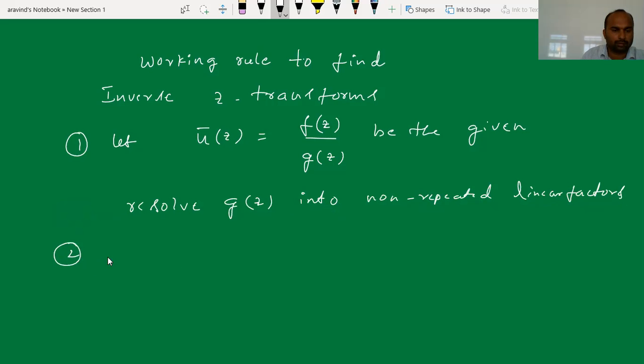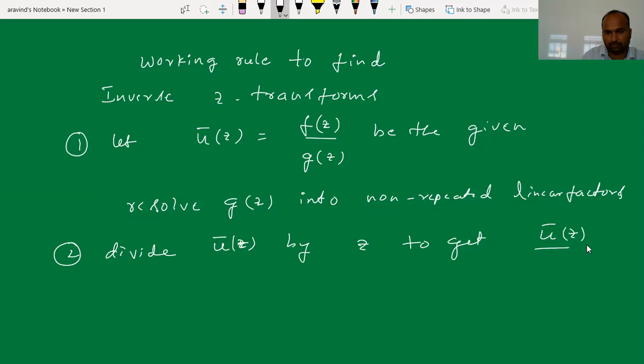Second step, divide u bar of z by z to get u bar of z by z.